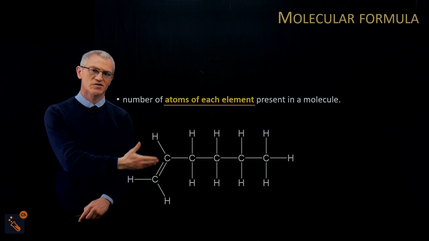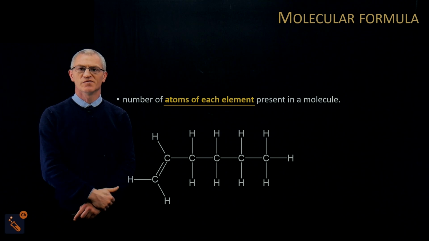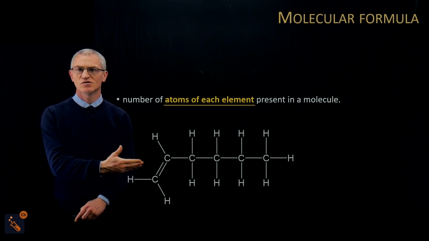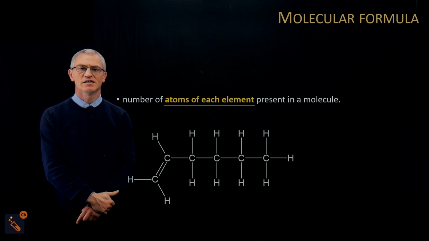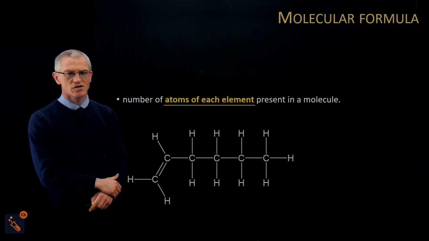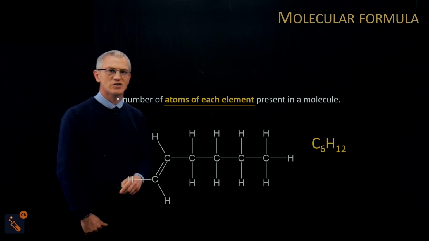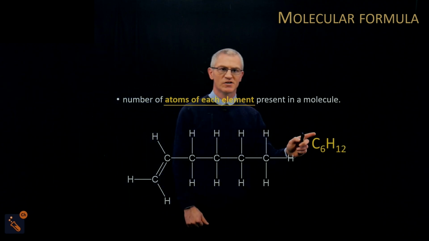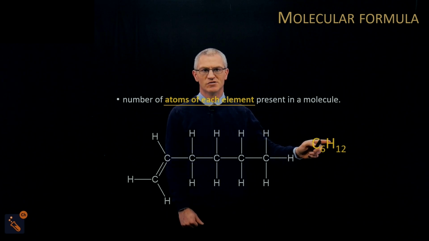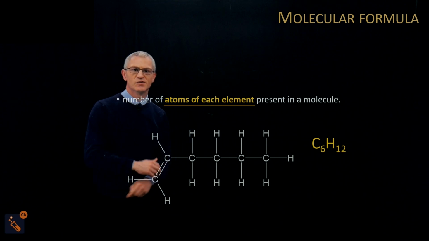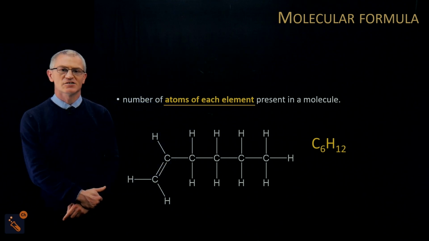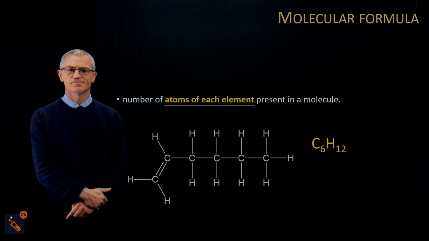So if I know the number of carbons, I will know the number of hydrogens, because the number of hydrogens is 2 times the number of carbons in alkenes. But if you don't know the general formula of something, you really should count. So the molecular formula is just the number of carbons and the number of hydrogens in there. So it's C6H12. That's our molecular formula of hex-1-ene here.